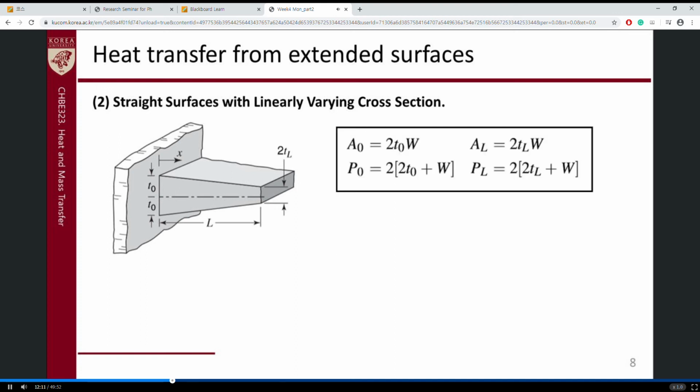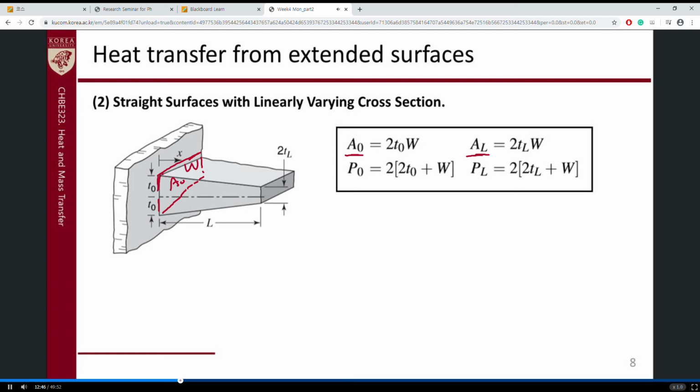Okay. For this rectangular stuff, we can define the A0. If we assume that this value is T0, and T0 to L, and then we define this as W width, then we can define the A0, the overall area, can be calculated as 2T0 multiplied by W, right?